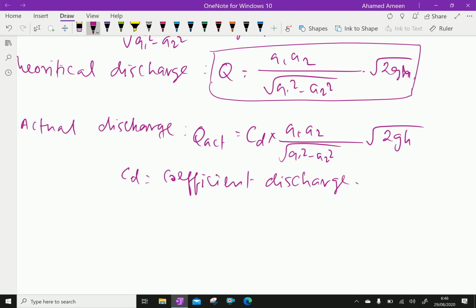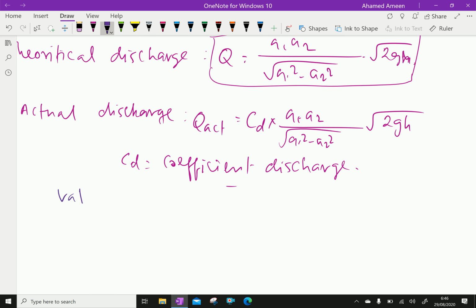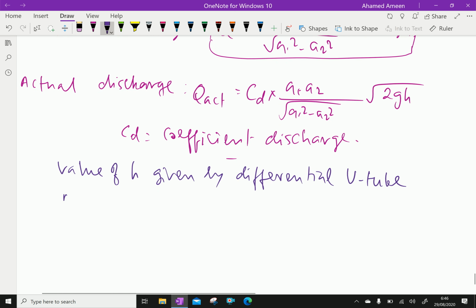Now, the next condition is that the value of H is given by a differential U-tube manometer.